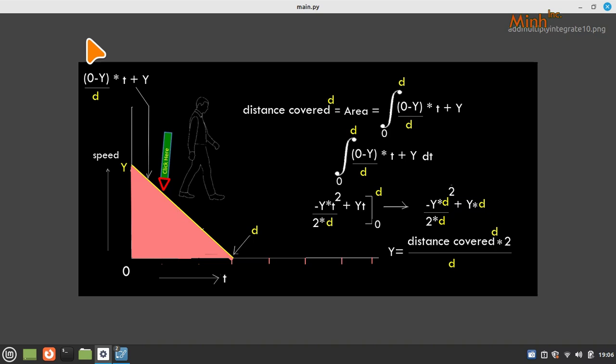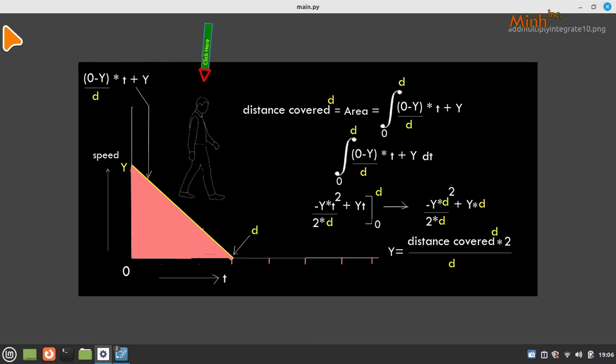So that leads to speed, and if I see speed at 0 is y and speed at d is 0, and this is a line, can we come to an equation like this: minus y by d times t, where t is any time, plus y.